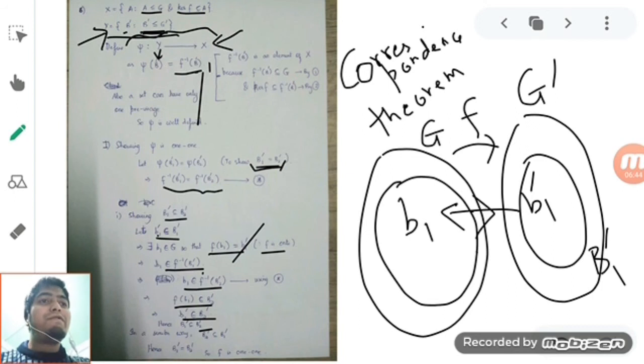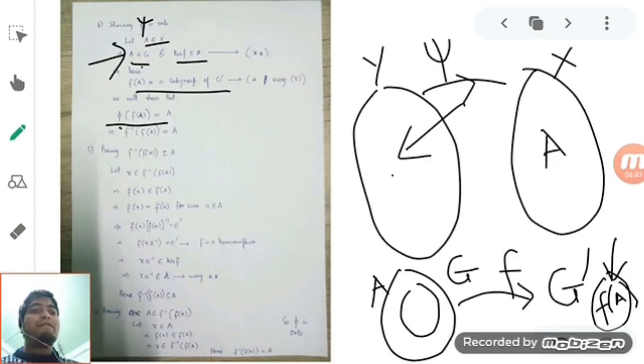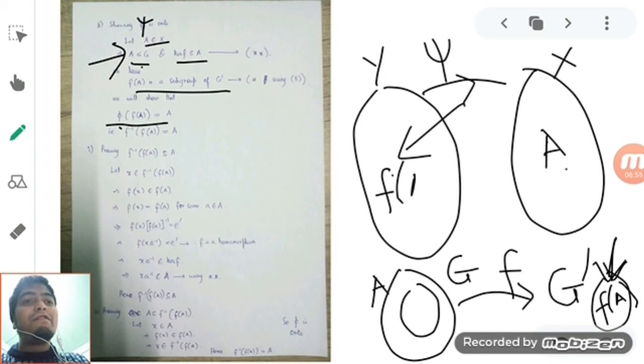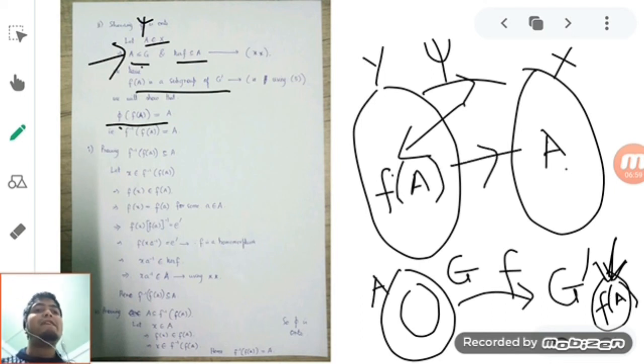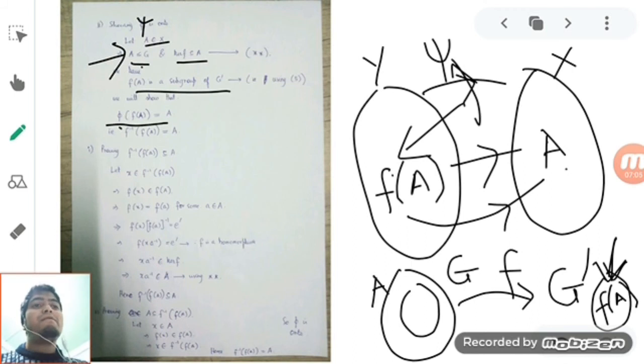So if you see this, we have taken A in X, and F(A) is a subgroup of G dash. So it gives us an idea that we need to have this: F(A) will be sent to A by psi. That is how we got the idea.